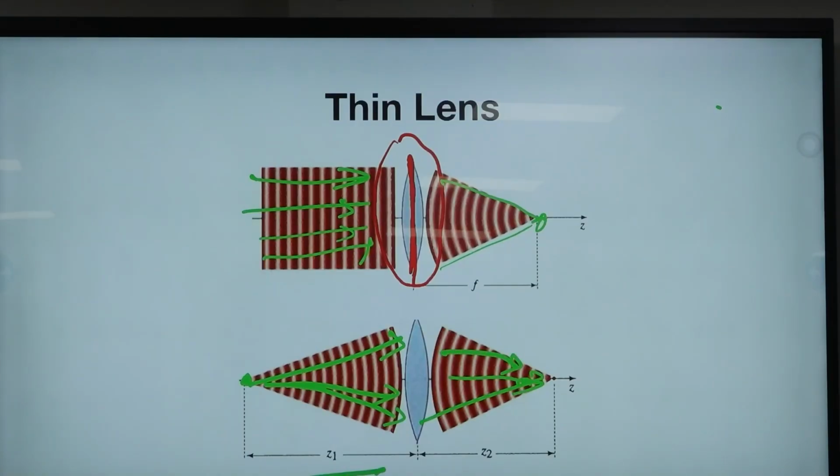So 1 over z1 plus 1 over z2 is 1 over f, the lens equation. In the wave optics picture, a point source is emitting light, it hits the lens and the lens converges the light back to another point. That's the wave optics way of thinking about what the lens does. Any questions so far?